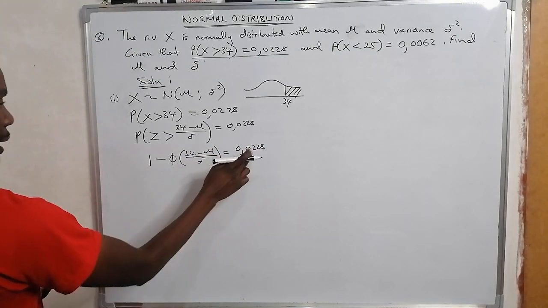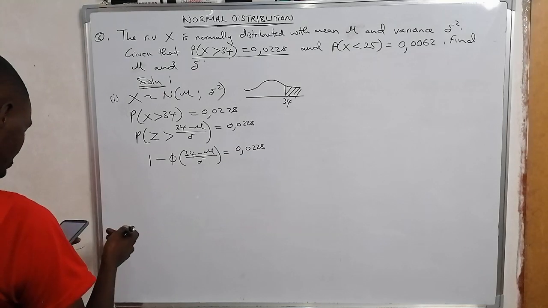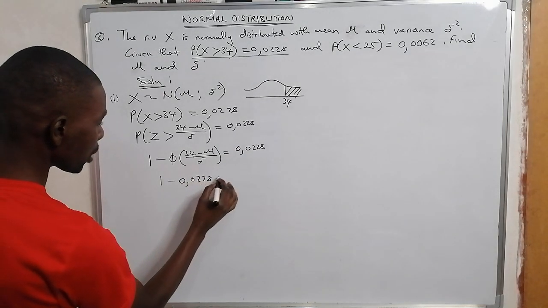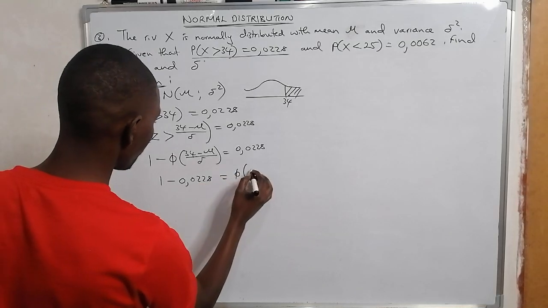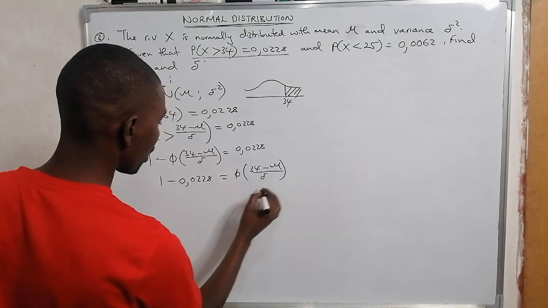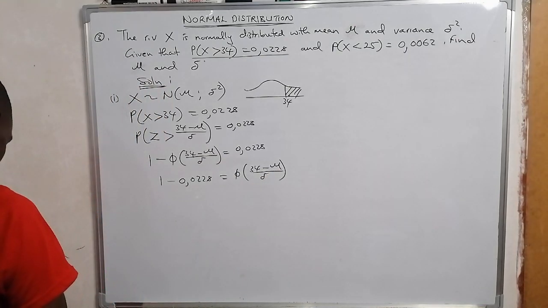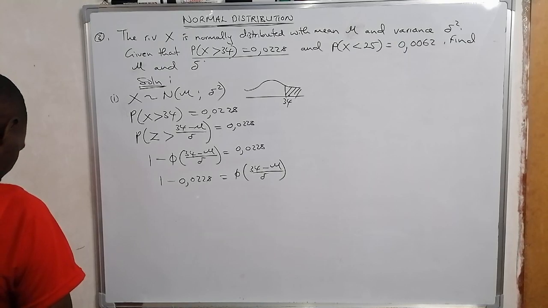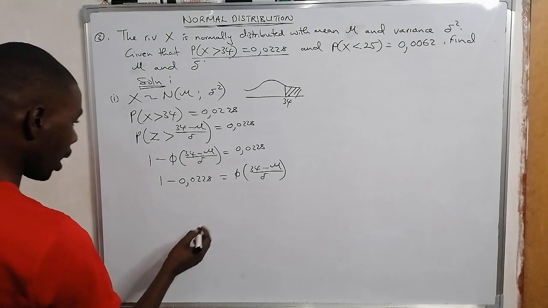If we subtract 1 minus this one, we get 1 minus 0.0228 equals phi of 34 minus mu all over sigma. Then 1 minus 0.0228 is 0.9772.